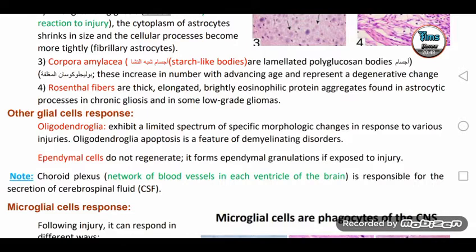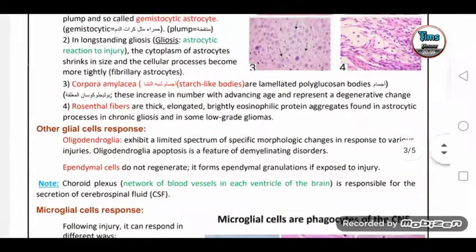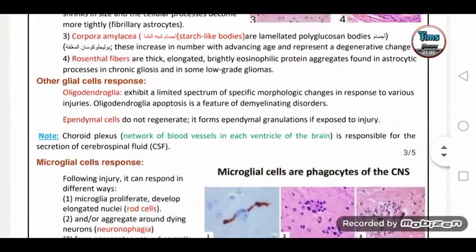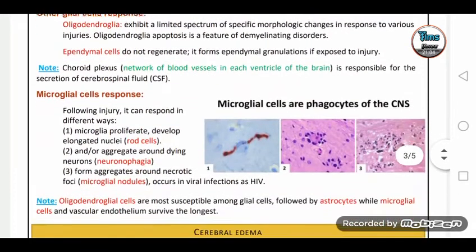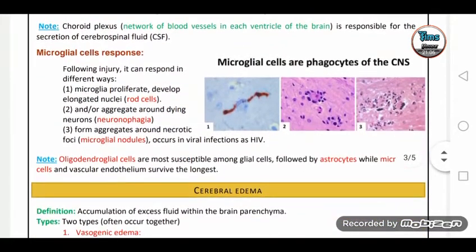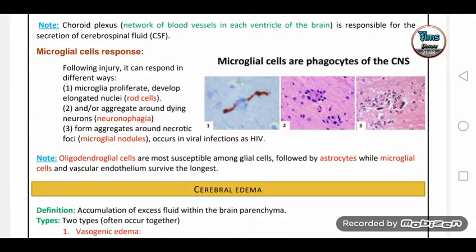And then we have the choroid plexus. So what is the choroid plexus? It's a network of blood vessels in each ventricle of the brain. As we know, the brain has many ventricles, and the choroid plexus is responsible for the secretion of the cerebrospinal fluid, CSF, of course.